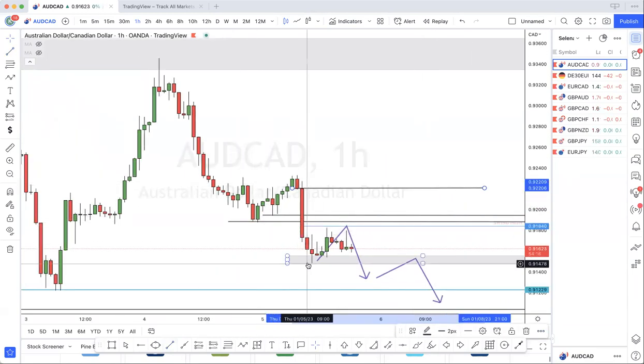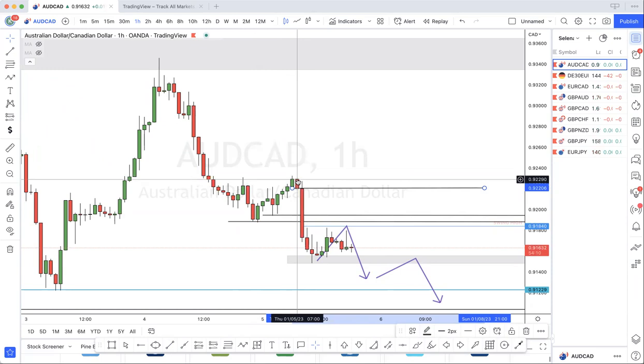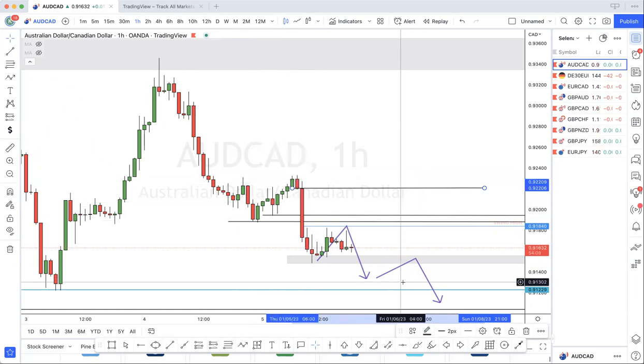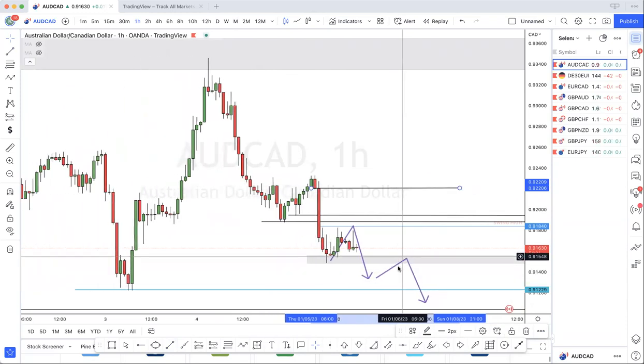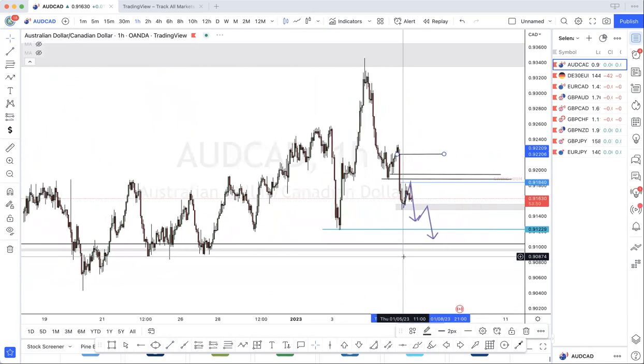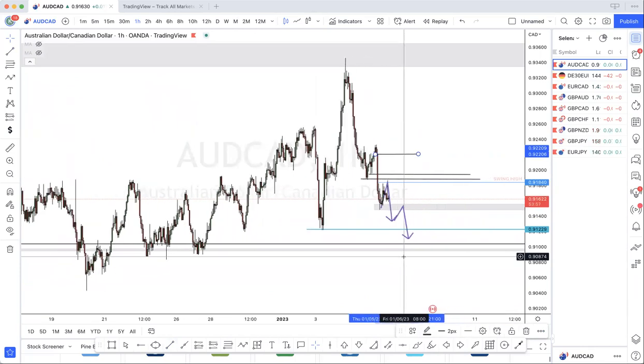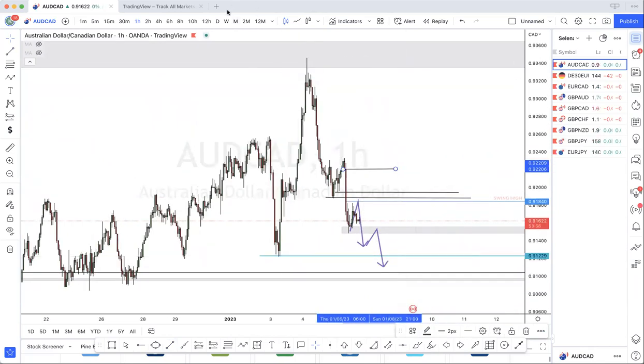Again, once it breaks, price can come back to retest here, or price can come back and retest the high, and then keep selling. Does that make sense? Yes. Okay, good.